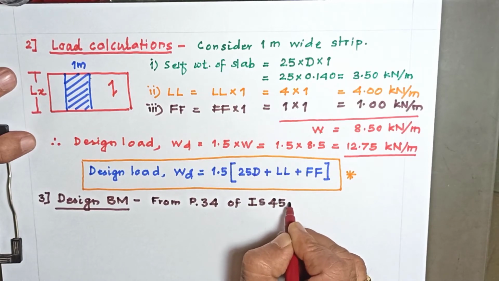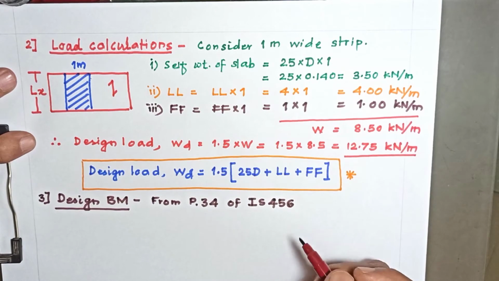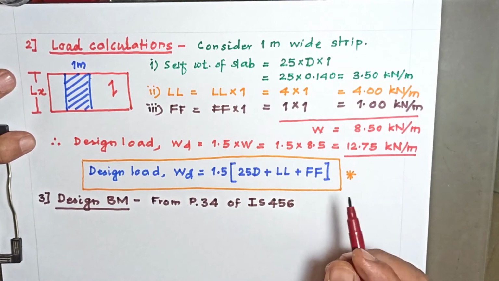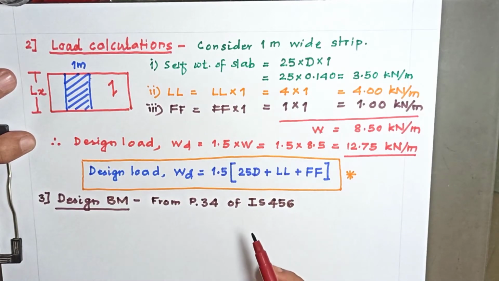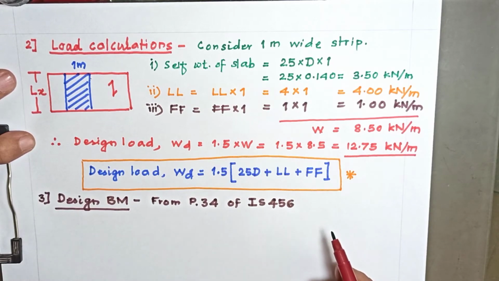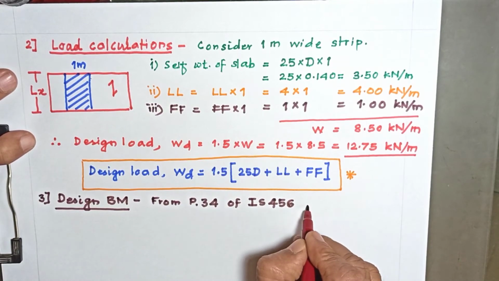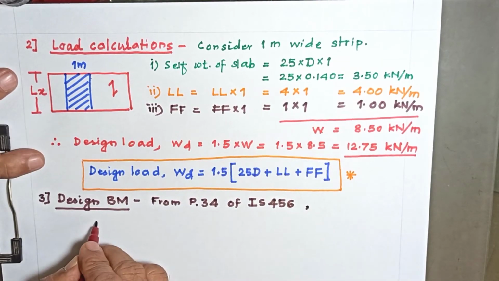Clause I have shown, so it is not necessary to remember the clause. Once you know the page, you can see it. As this is the first example on design of slab, I am showing everything. In the next example, I will not be showing this. Clause number 22.2.a.